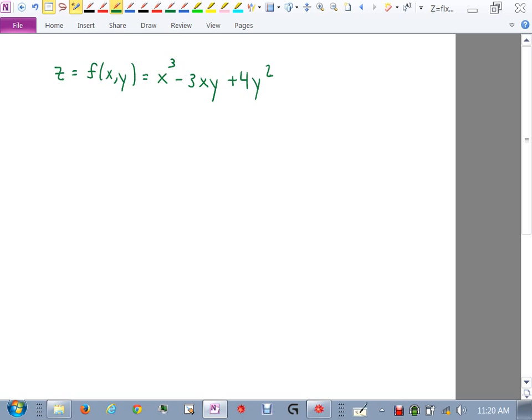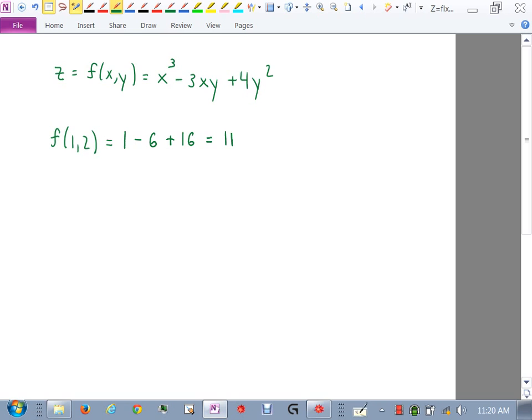The point we want to go to is the point f of 1, 2. What would we get if we plug in f of 1, 2 here? We get 1 minus 6 plus 16, right? Which would give us 11, yes?